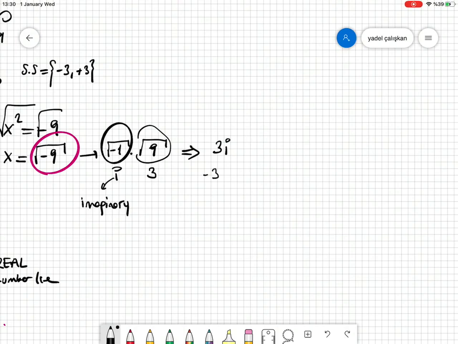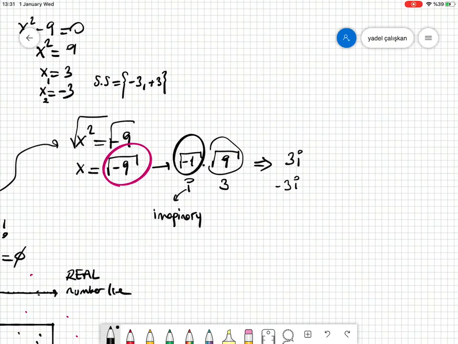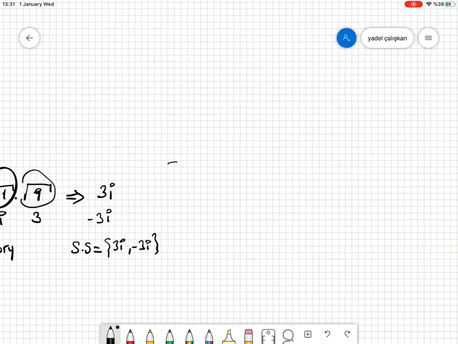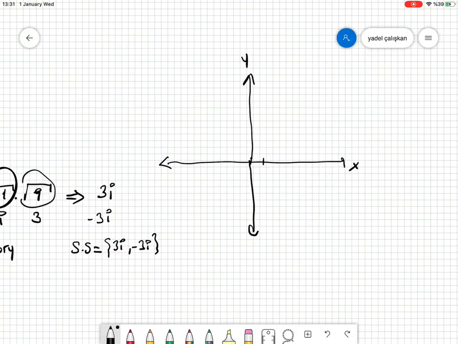And after a bit of thought, you can say minus 3i can also be a solution to this equation. These are the roots, the solution set, plus 3i and minus 3i. Now we know the real number line, and there is no place for these on it. We also know about the coordinate system, x and y axes.